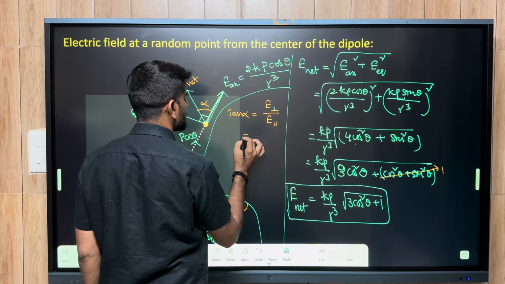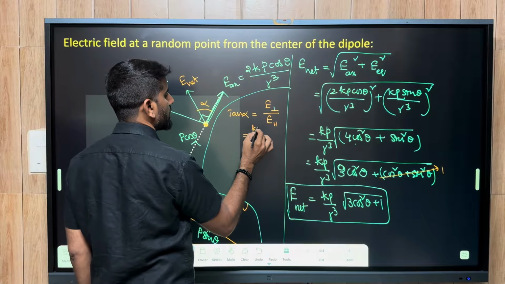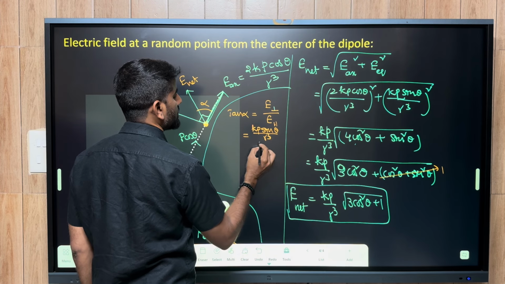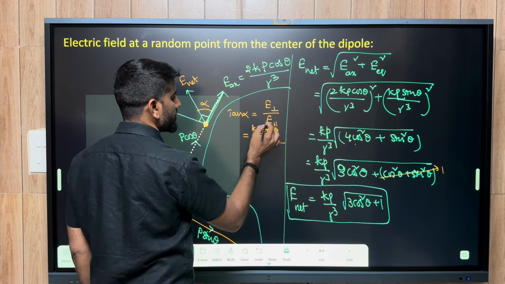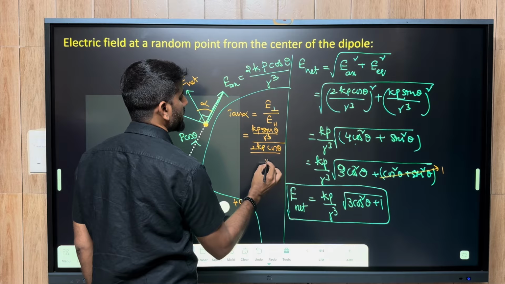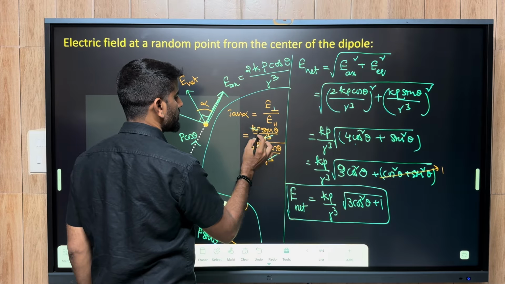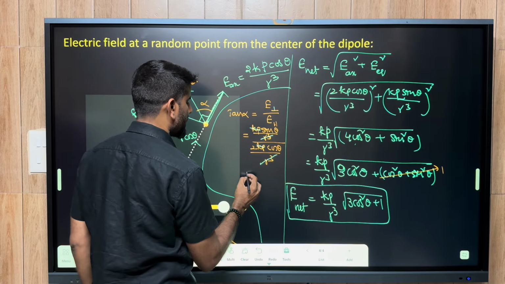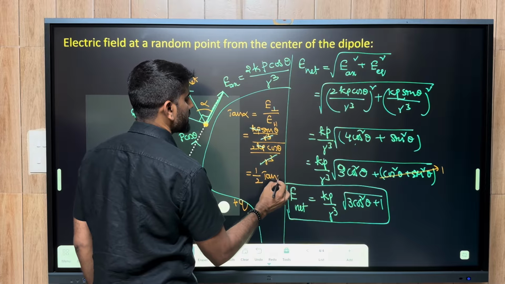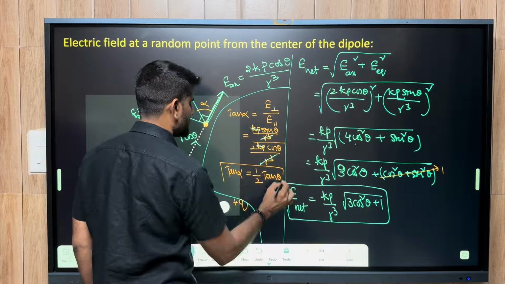E perpendicular is kp sin theta by R cube, by E axial. E parallel is 2 kp cos theta by R cube. And this R cube cancels, kp cancels, 1 by 2 remains, 1 by 2 sin theta by cos theta is tan theta, so we have tan alpha equal to 1 by 2 tan theta.